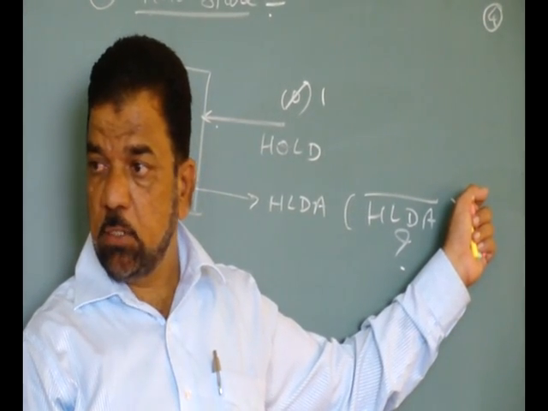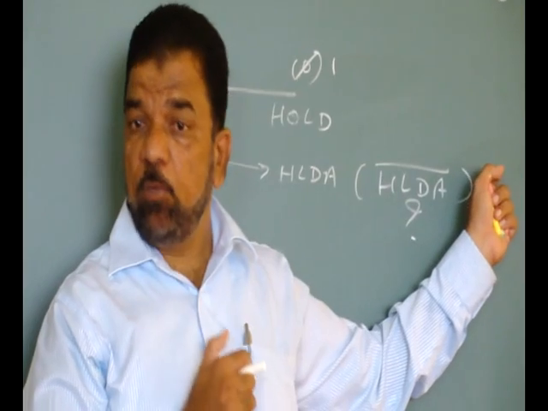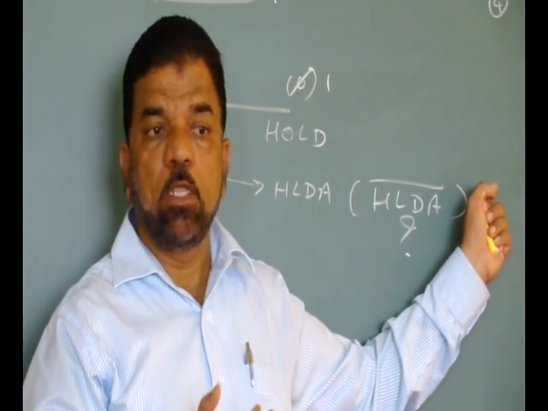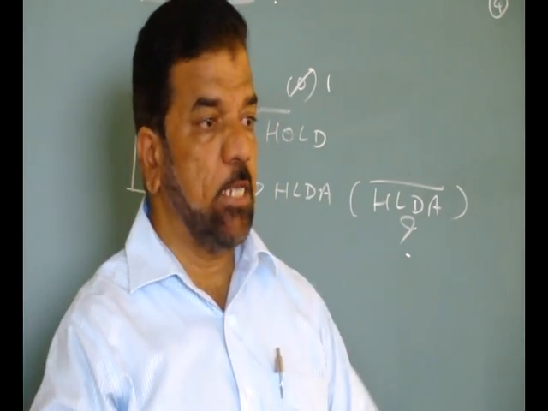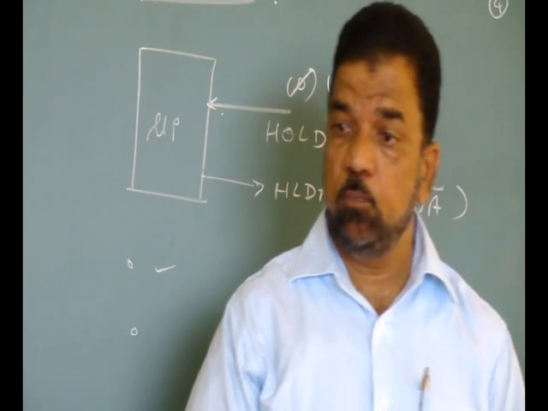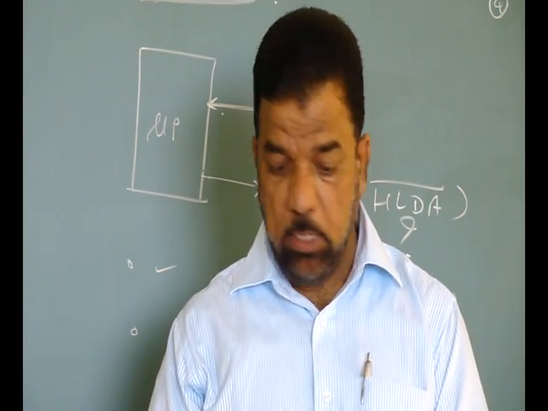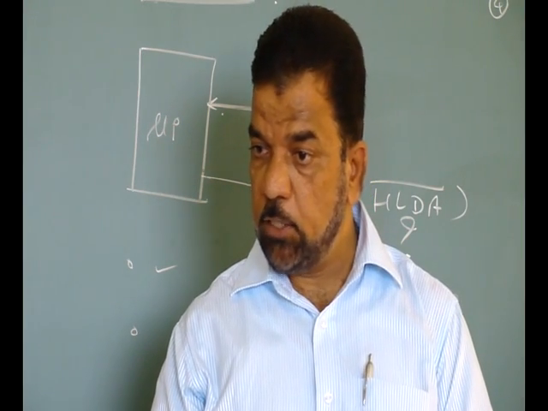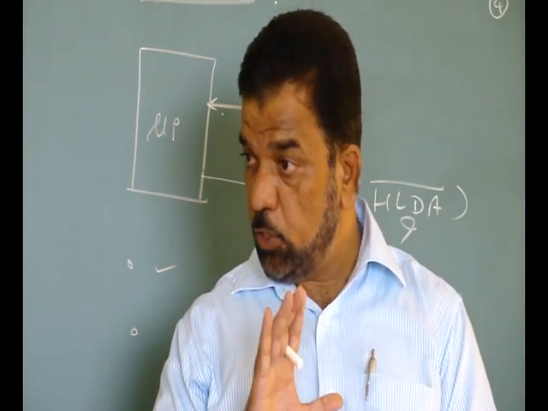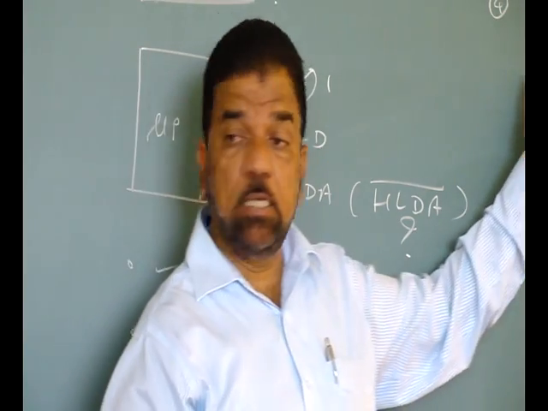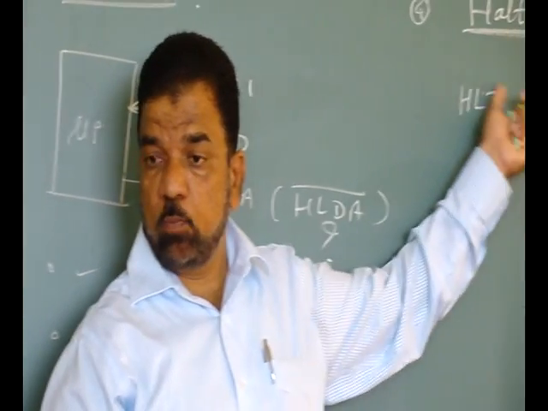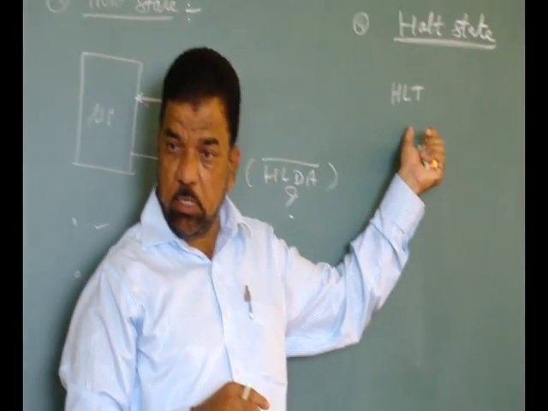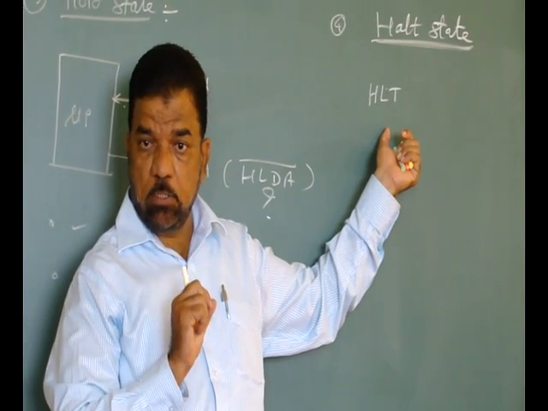Higher order contents get placed on A15 to A8, and lower order contents get placed on AD7 to AD0. During T1 only, ALE gets activated, so there is demultiplexing of that bus. During the T2 state, a read bar signal gets generated, because of which the opcode of HLT is available on the data bus.